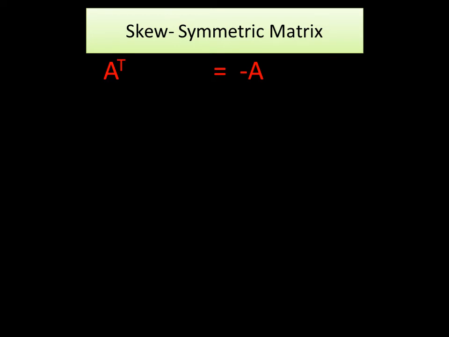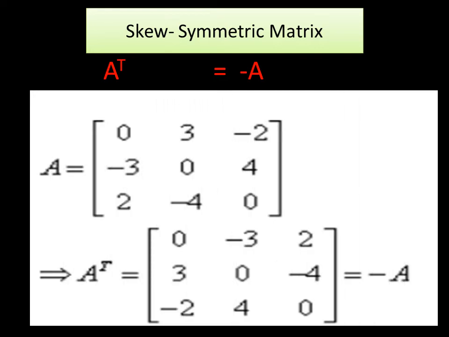In a skew symmetric matrix, when we take the transpose of the matrix, it will give us the negative of that matrix. For example, we have a matrix A in which 9 elements are given, which are 0, 3, -2, -3, 0, 4, 2, -4 and 0.